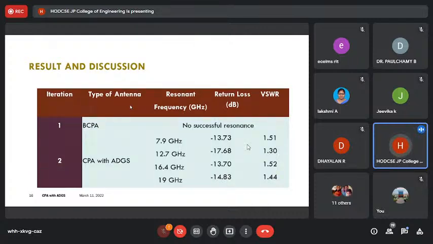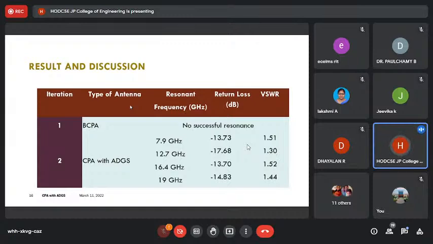Here we have achieved that the proposed antenna performs well for 4 different frequencies. Tetraband is nothing but 4 different frequency bands. At 7.9 gigahertz, the return loss is minus 13.73, and the VSWR is very close to unity, that is 1.51. Next, the resonant frequency is 12.7 gigahertz, the return loss is minus 17.68, and VSWR here is 1.3.